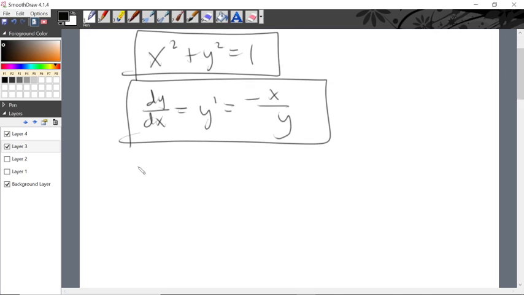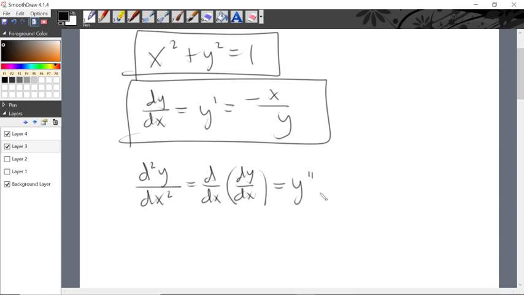Okay, and now we can find the second derivative, y with respect to x both times. Remember, notationally, that's the same as saying we're taking the derivative with respect to x of dy dx. That's why we have the d squared in the numerator and a dx squared in the denominator. Okay, or y double prime.